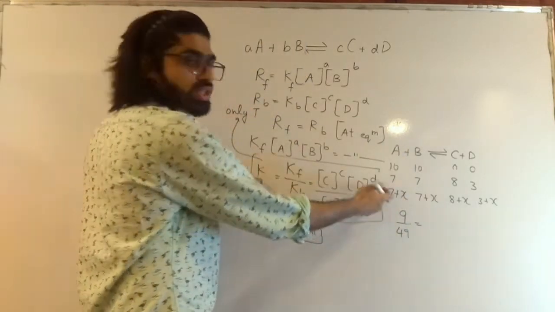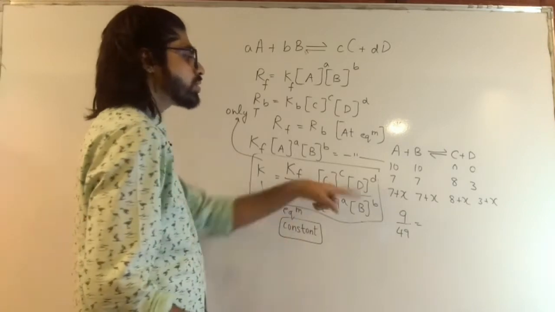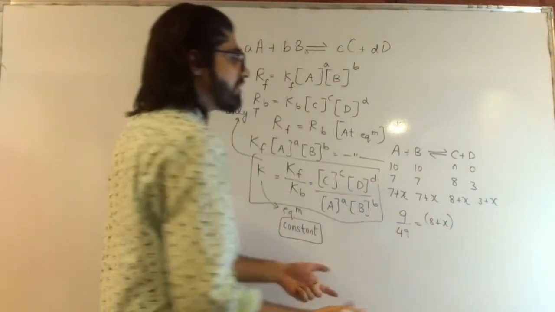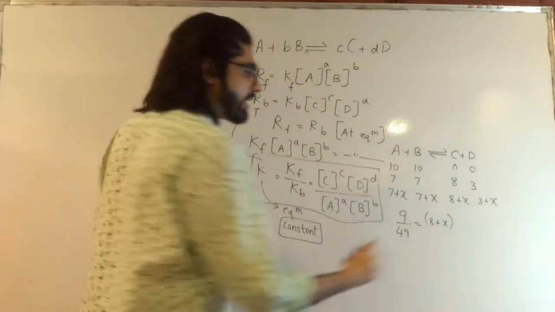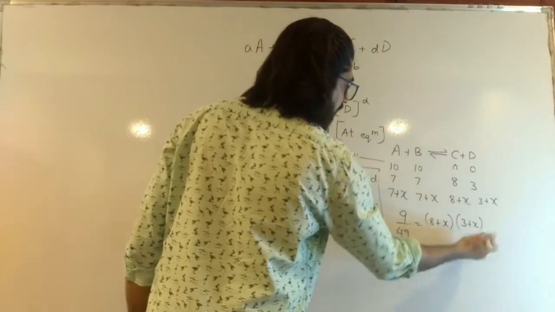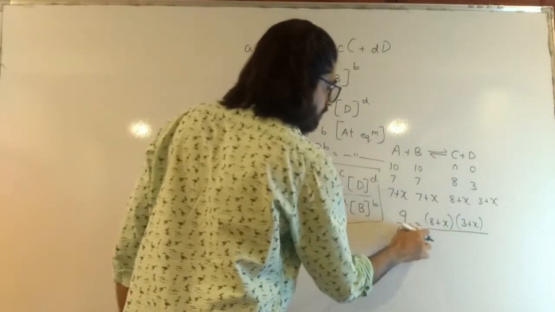K value for this reaction, 9 by 49, will be equal to concentration of C power 1, which is 8 plus X, power 1 (power C means the coefficient of C, which is 1 only), into 3 plus X, that is concentration of D power 1, divided by the concentration of A and B.